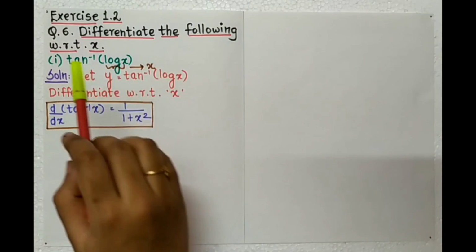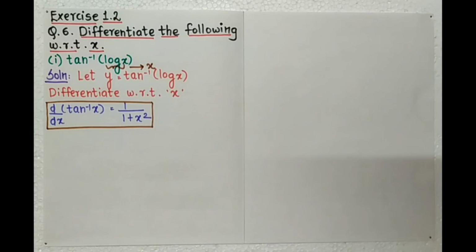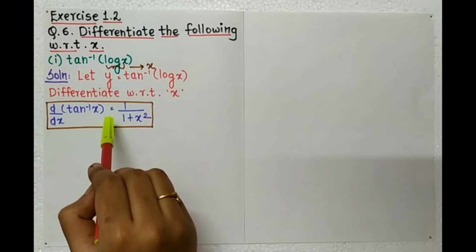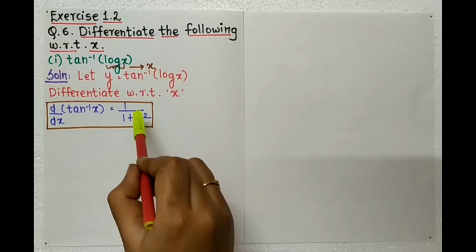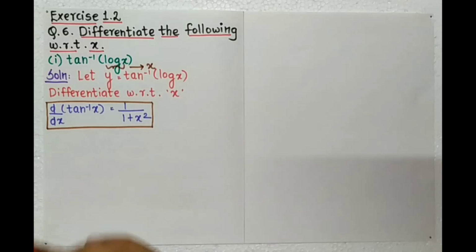So for differentiating tan inverse x, we need to remember the formula for tan inverse x. That is d by dx of tan inverse x is 1 upon 1 plus x square. In place of x, we need to substitute log x.